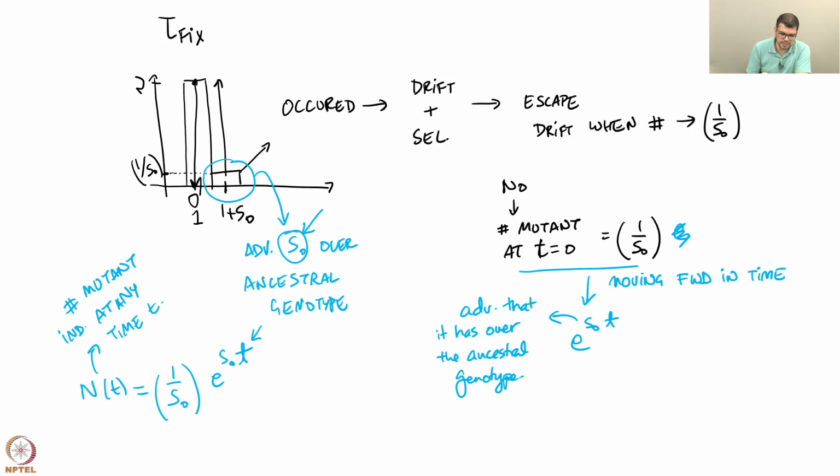But what I am interested in is tau fixation, that is, how long does it take for the mutant numbers to start from 1 by S naught and reach N, which is the size of the population. So what I am interested in solving is N equals 1 by S naught e to the power S naught t.